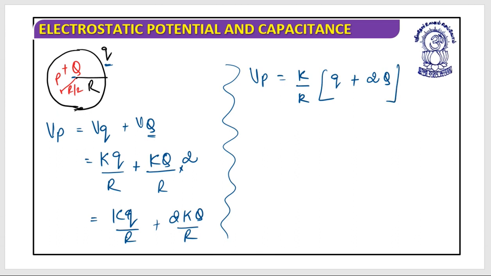Yes, this would be the answer. And if they want, this K can be replaced by 1 upon 4 pi epsilon naught, so it's 1 upon 4 pi epsilon naught into R multiplied by q plus 2Q.